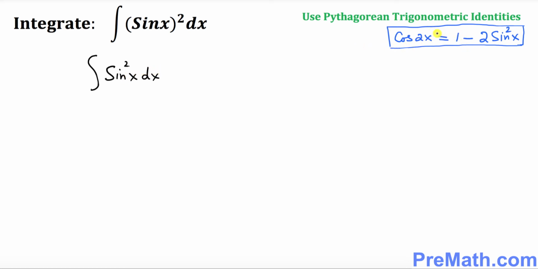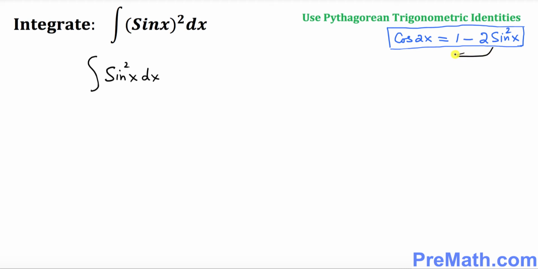So from this equation, I can write this as follows. Move the negative 2 sine square of x to the other side, and move the cosine of 2x to the right hand side. So 2 sine square of x equals 1 minus cosine of 2x.